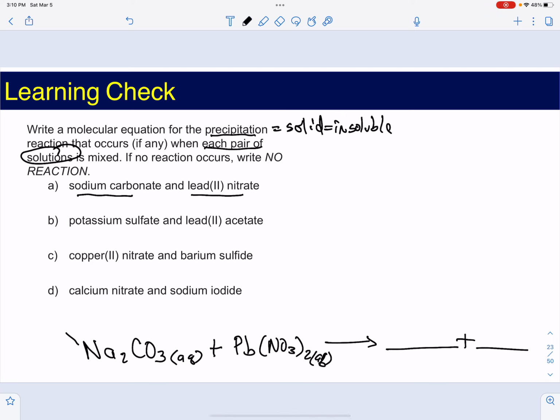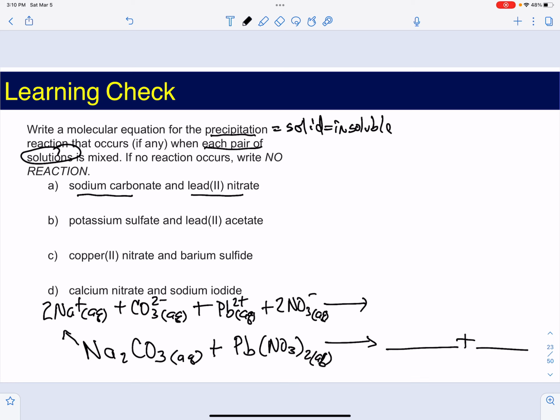So this is going to give me Na plus aqueous, and there's going to be 2 of them. It's also going to give me carbonate, which you have to remember is 2 negative, and there's only 1 of them. And then the lead 2 nitrate is going to give me lead 2, because the name is telling me so, which is aqueous, and 2 nitrates, which is also aqueous.